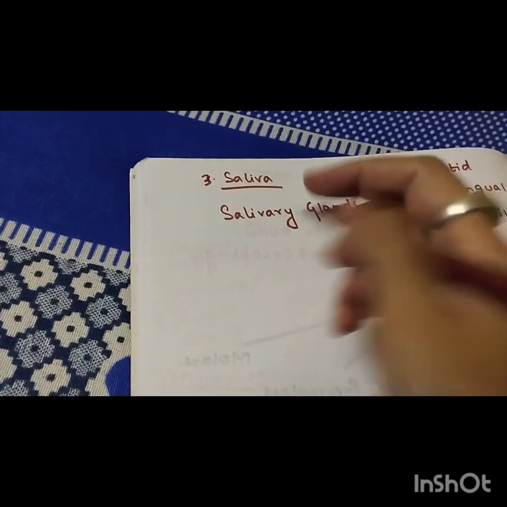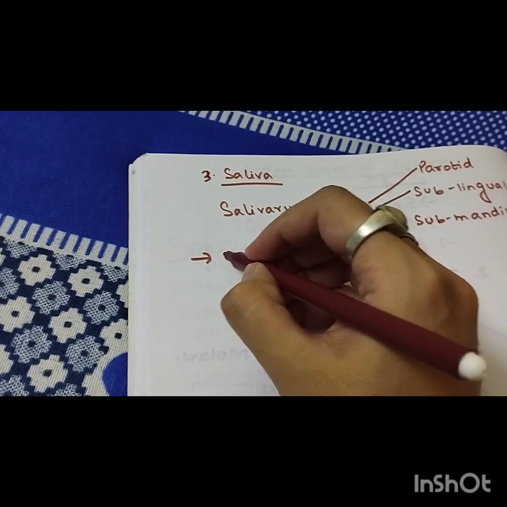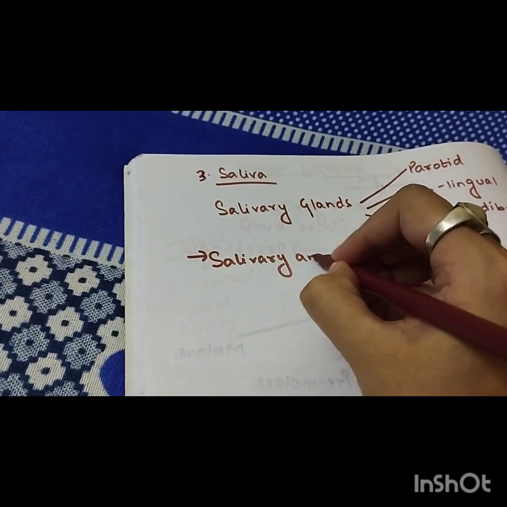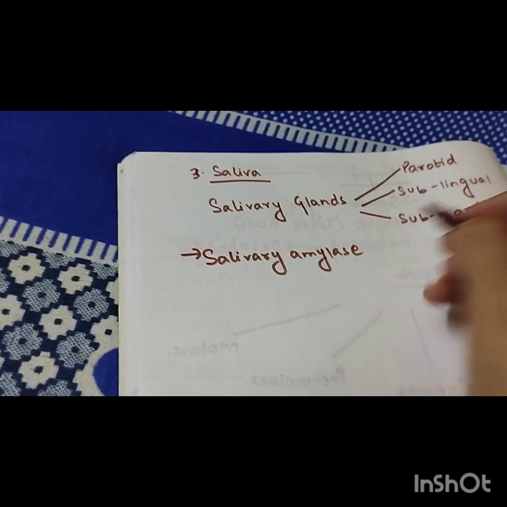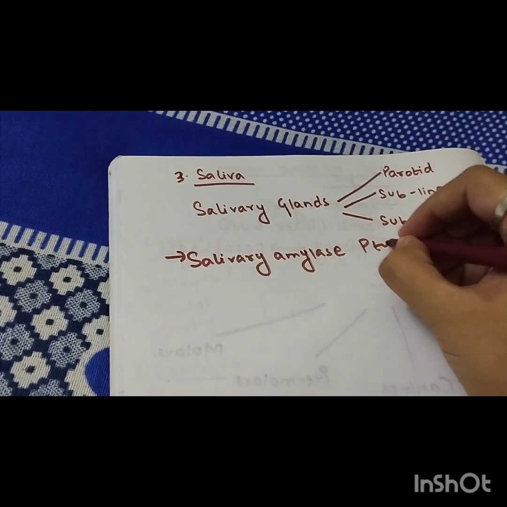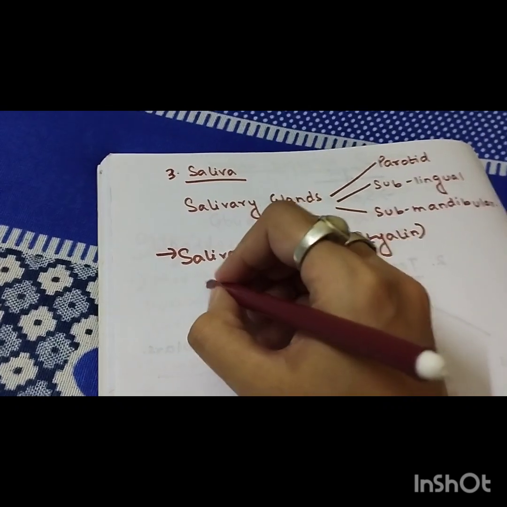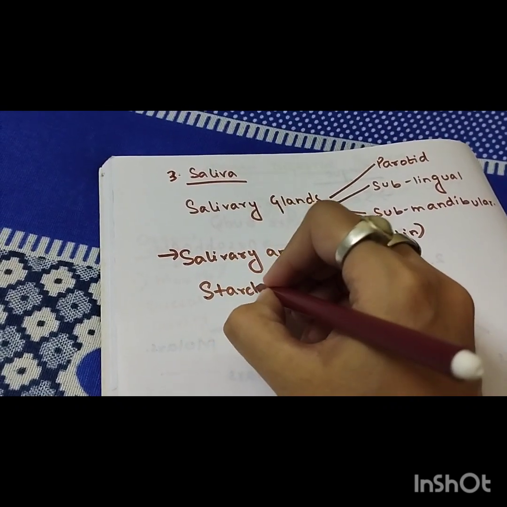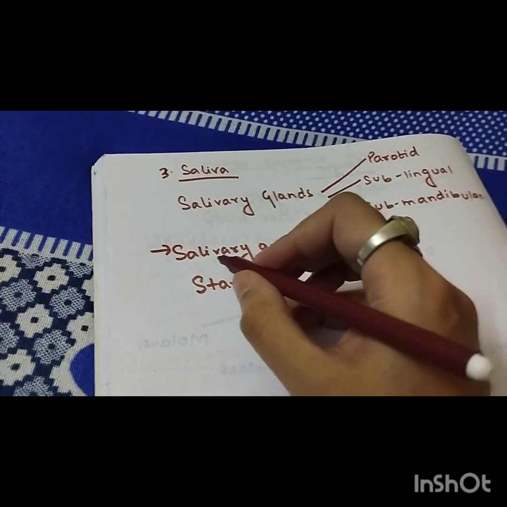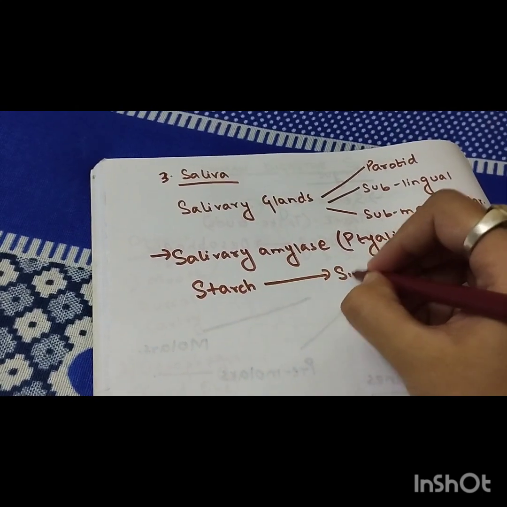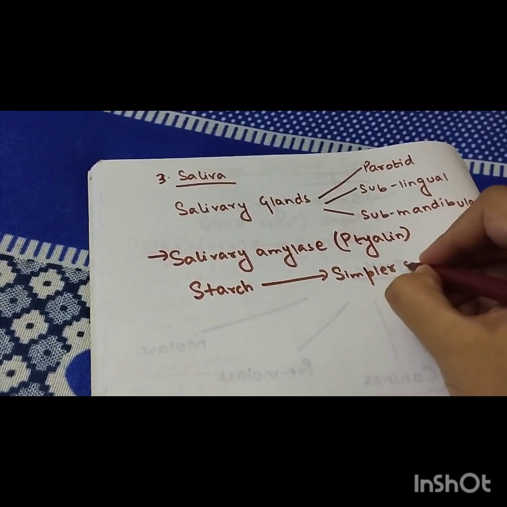Saliva also contains one enzyme known as salivary amylase, also called ptyalin. It helps in the breakdown of starch, a complex carbohydrate, into simpler sugars.